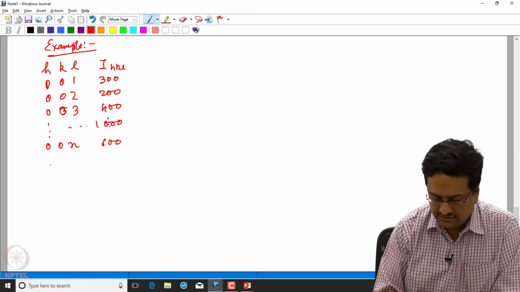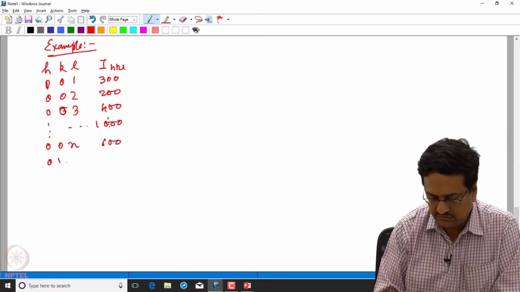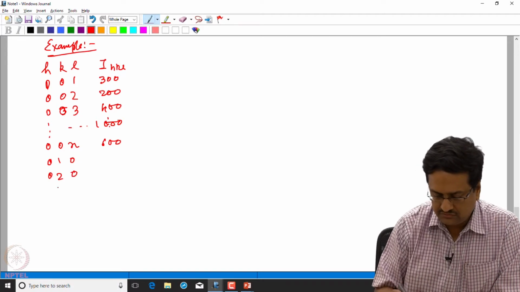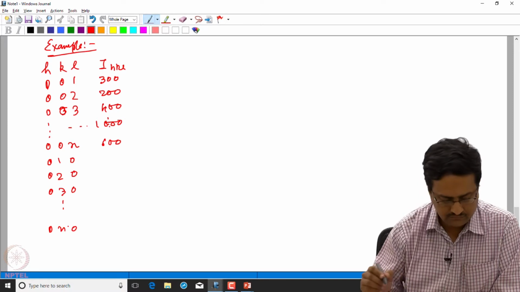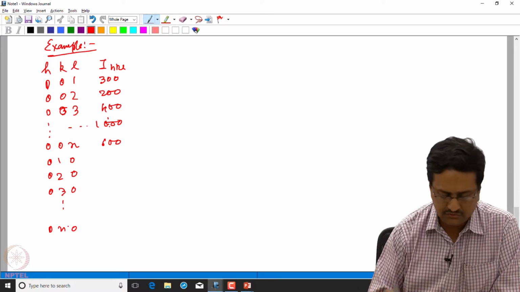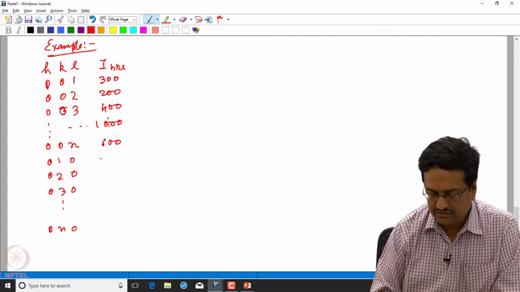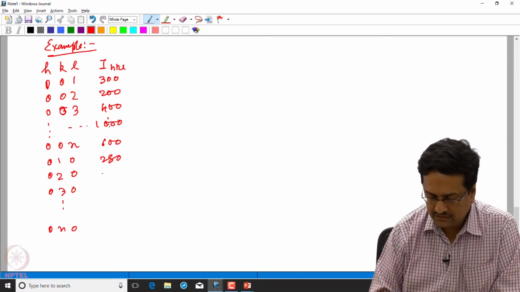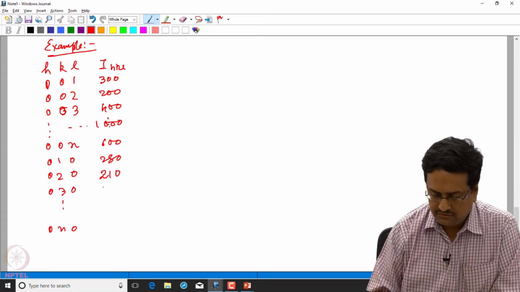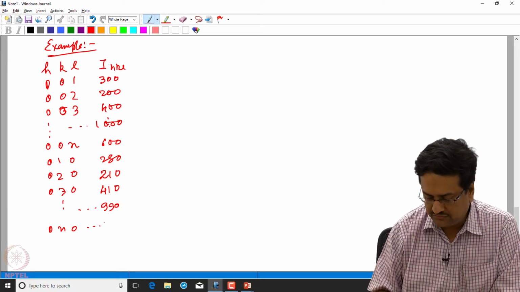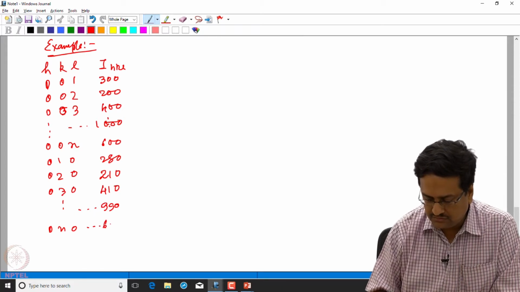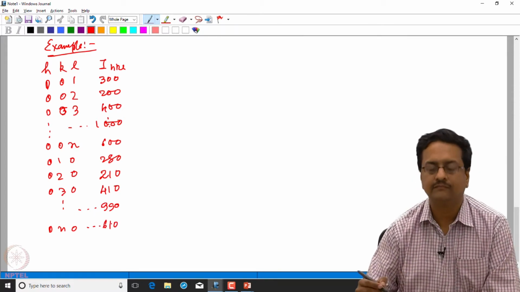And then the set of reflections where it is 010, 020, 030 and so on with 0n0 also has values very similar, like 280, 210, 410, somewhere in between you have 990, somewhere here you have like 610 and so on.